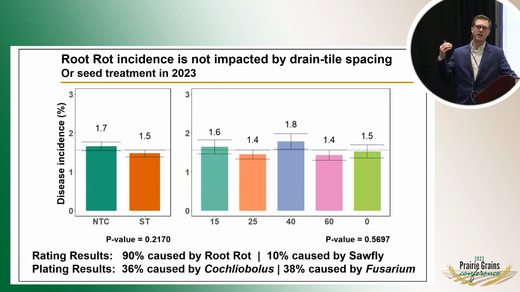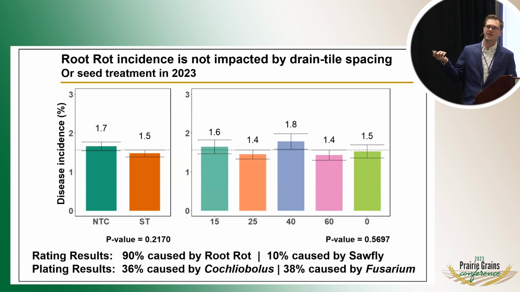And so we went through, we rated each of those 20-foot plots once every 5 feet. And then we started pulling up plants to make sure that, yes, it was actually common root rot or Fusarium crown rot. And yeah, some of them actually were some sawfly damage. So with these ratings, only about 1.5% of plants out there were showing these symptoms pretty dramatically.